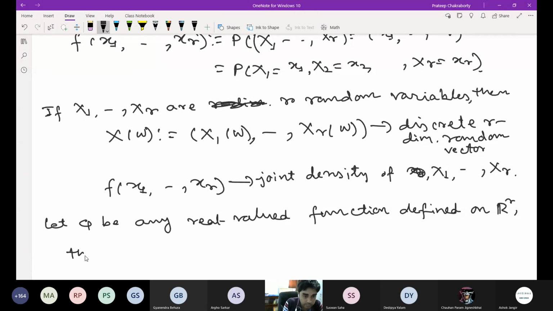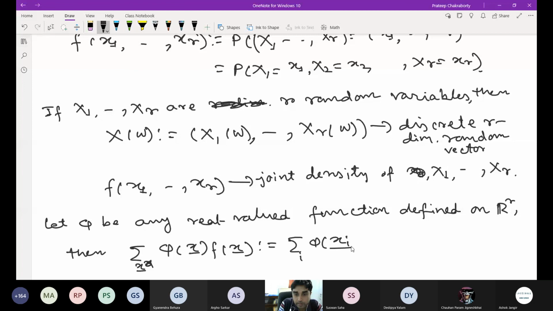Then the summation over x_i of phi of x_i times f of x_i. We'll do this in details in tomorrow's class. This is by definition our notation, nothing else.